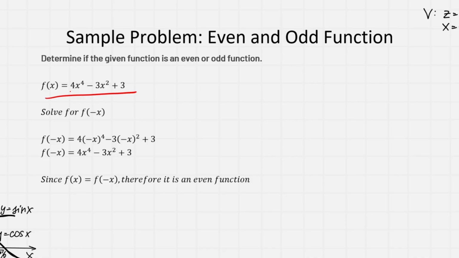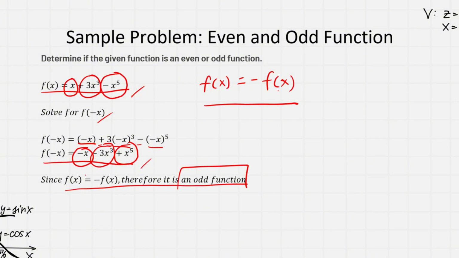The degree of each term here is 4, 2, and let's say 0 here. So as you can see, all of the degrees or exponents are even, therefore this function is an even function. No need to solve or substitute negative x in the given function. So that's the trick here.